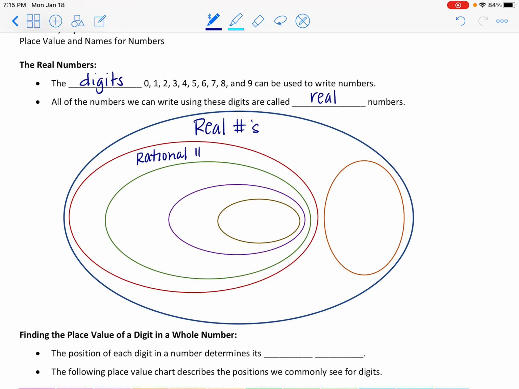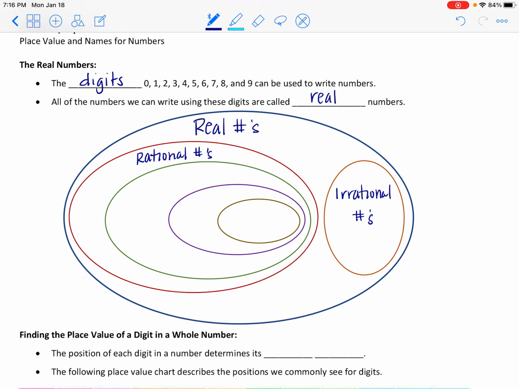The ones that we can't, we would call those irrational numbers. Okay, and I'm not so hung up that you know all of this terminology right out of the gate, so I don't want you to get concerned with memorizing these things. They'll come up again later, but for now, just go with me, okay? So we have real numbers that we can write as fractions that we call rational. We have ones that we can't, which we call irrational.